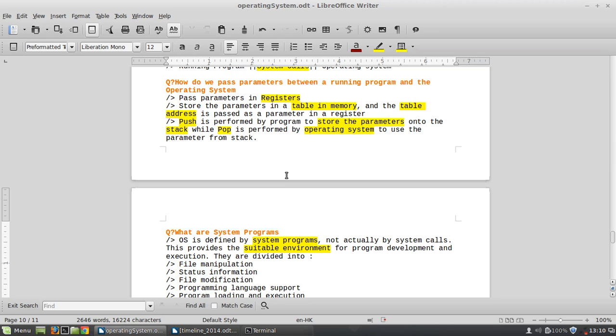It works just like this, and the parameters are passed while the user programs communicate with the operating system using system calls.